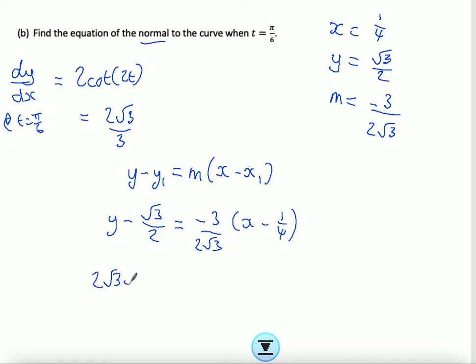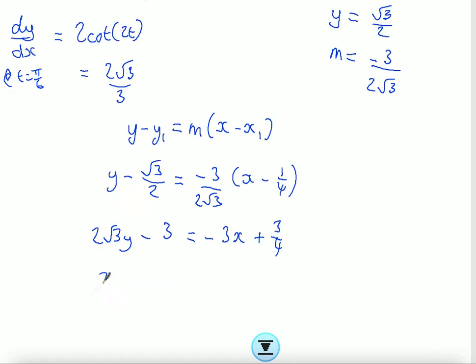So 2 root 3 y subtract 3 equals negative 3x, add 3 quarters. And then again, just to tidy this up, to finish it in a format that I think is quite useful, it's going to be subtract 15 quarters equals 0.